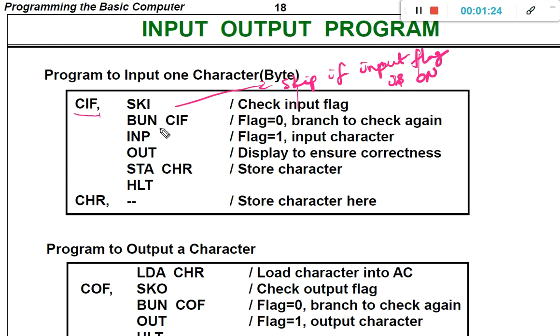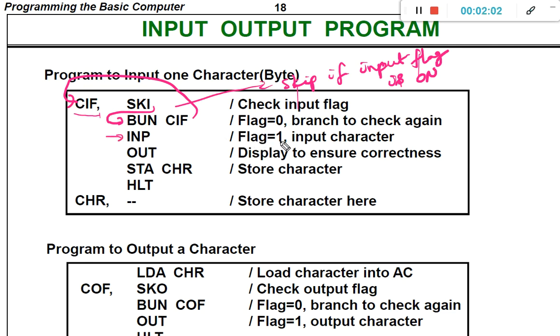And if the flag value is 0, once again it is going to branch unconditionally to CIF and then check the SKI value, the input flag value. So if the flag value is once again 0, go to the loop. So it will continuously loop like this until the flag value is 1. Okay. So if the flag value is 1, then it is going to come to the INP statement.